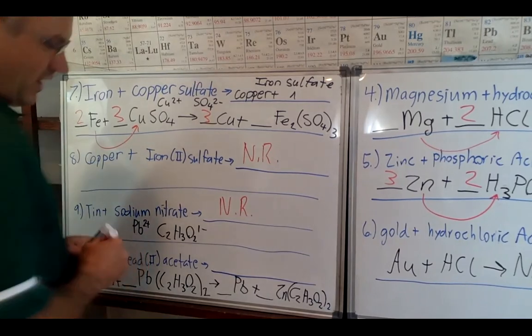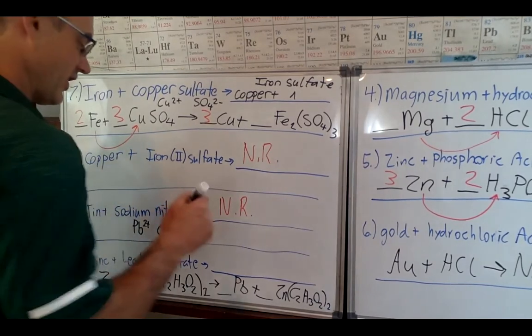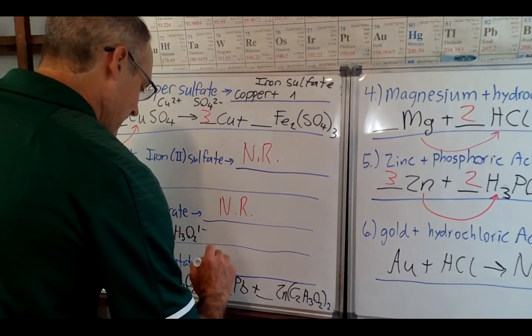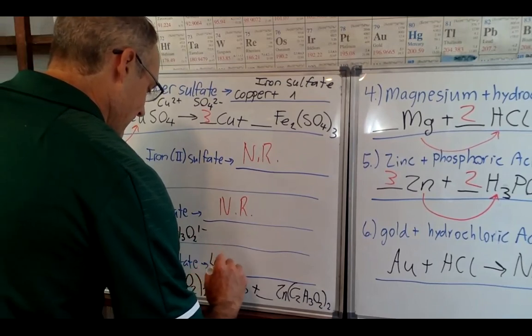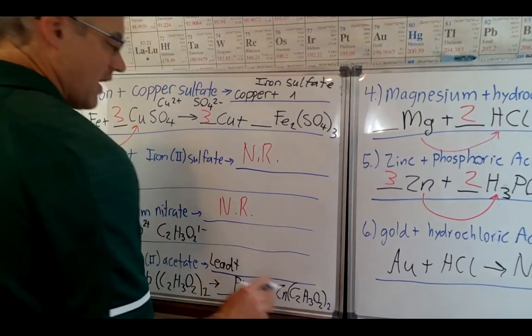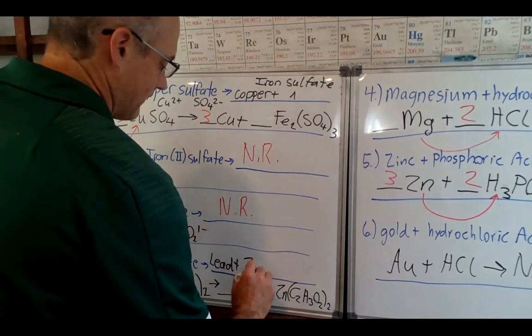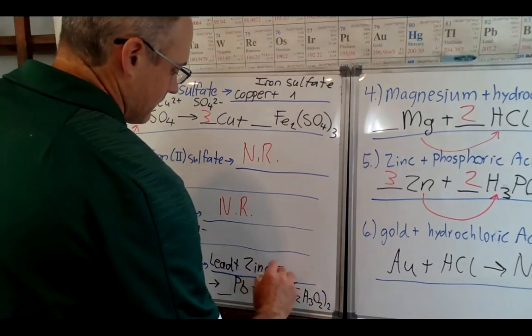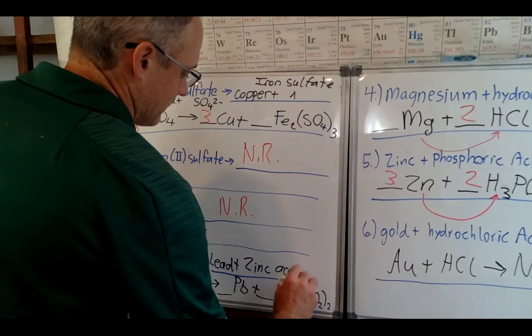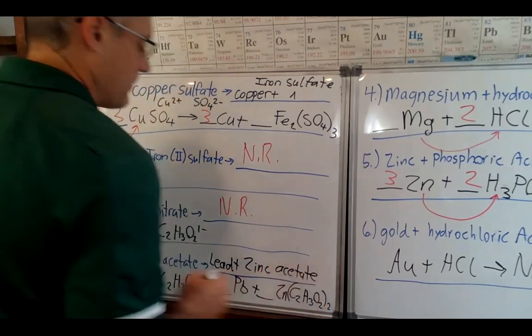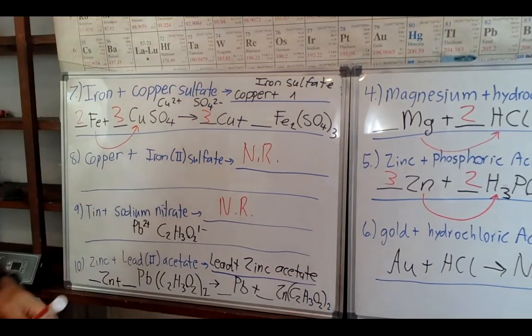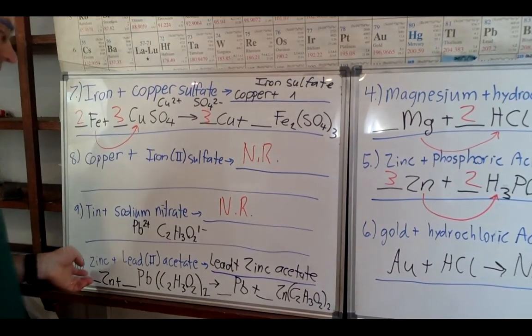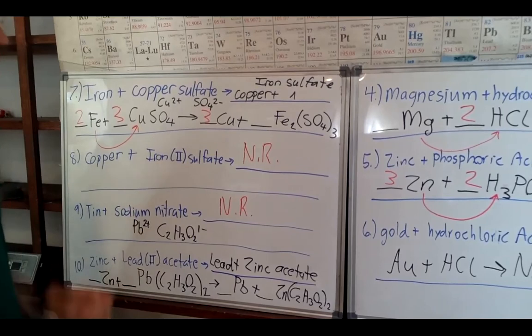Okay, so for the word equation, we're looking at lead and zinc acetate. And there you go. That's how that reaction would work. It makes lead and zinc acetate.